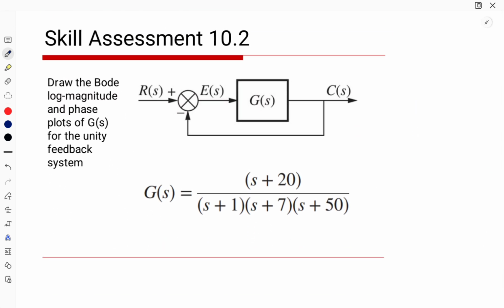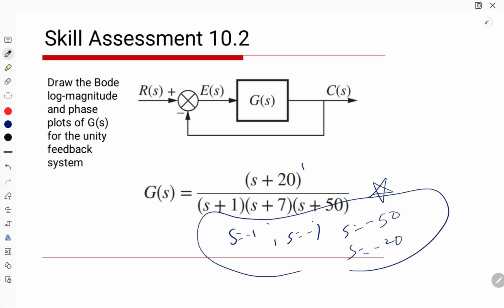So for skill assessment, this is relatively simple. This doesn't have any separate second order one yet. So it's all first order that's been put together. And the points of interest will be s equal minus 1, s equal minus 7, s equal minus 50, s equal minus 20.